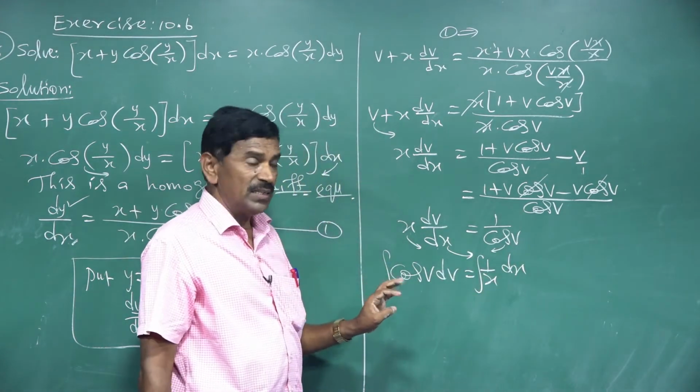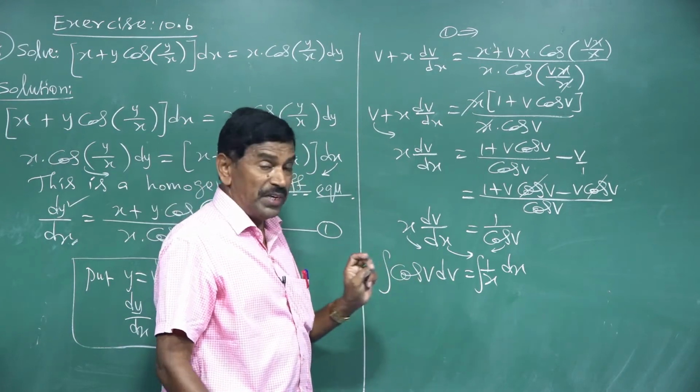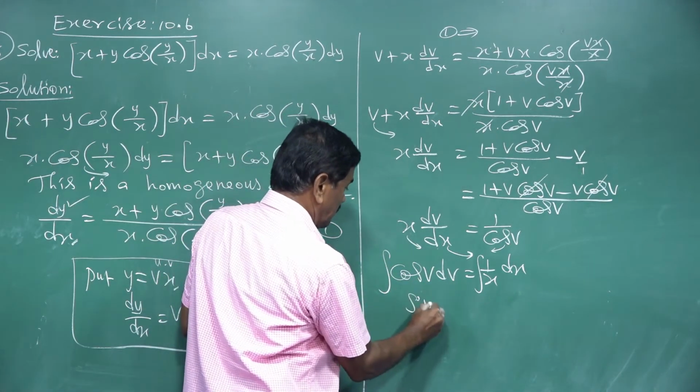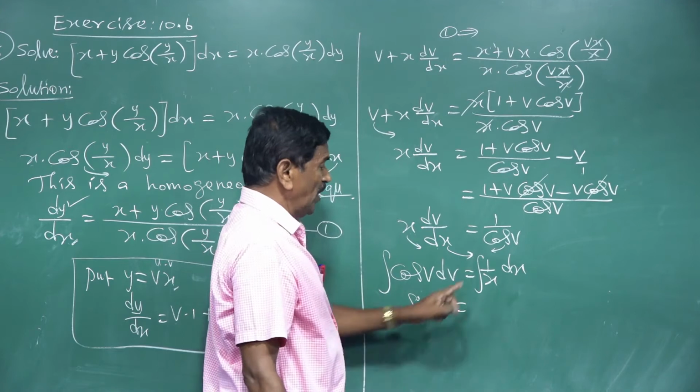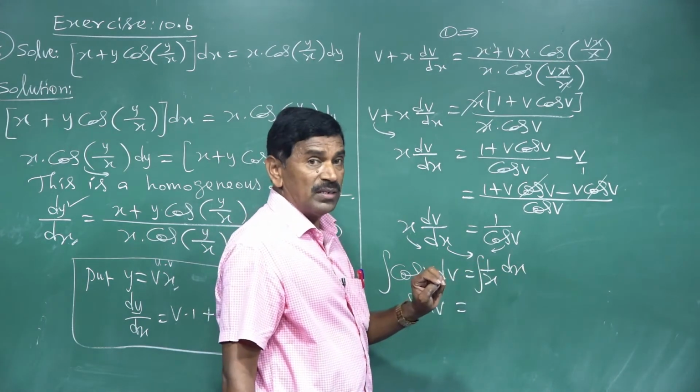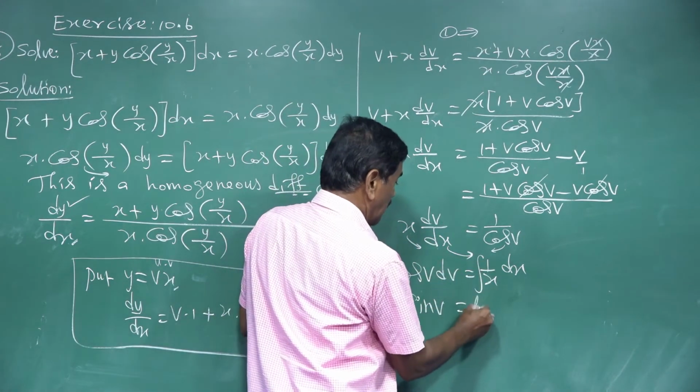The integral of cos v dv is sin v, which is equal to the integral of 1 by x dx, that is log modulus x.